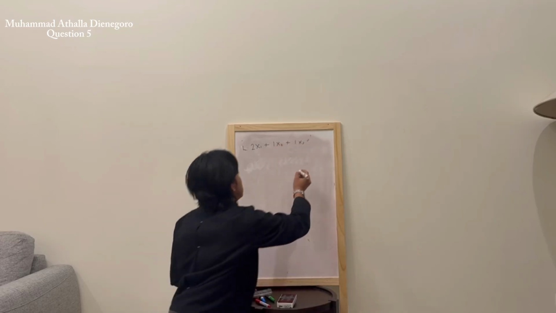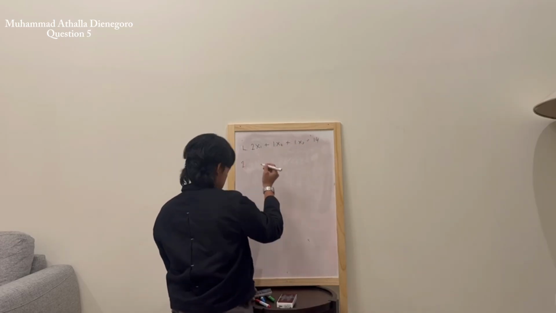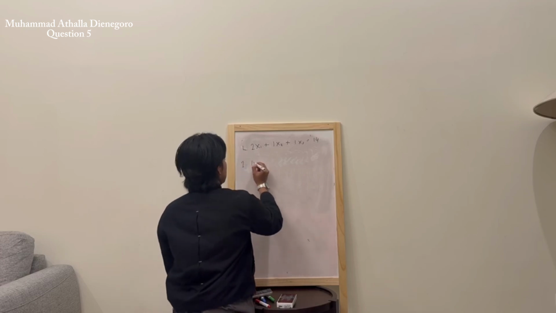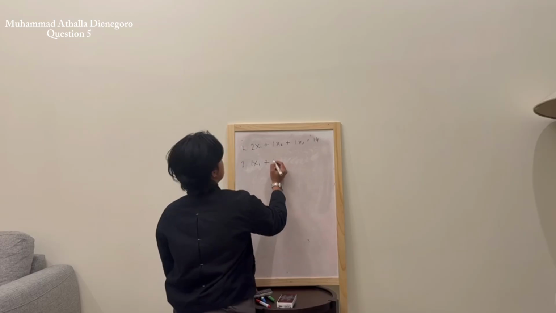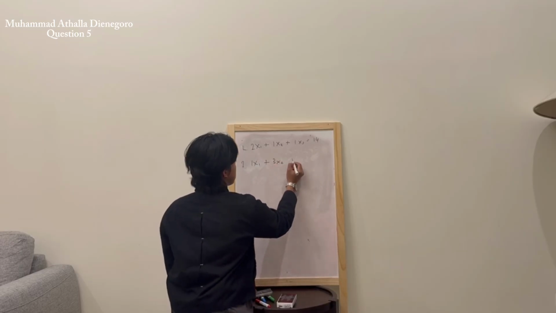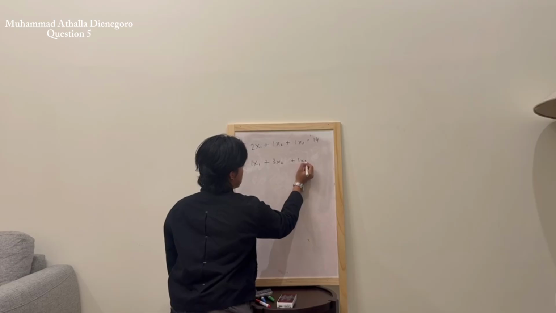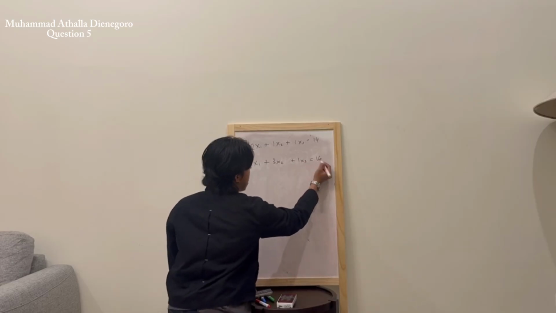Equals 40. Then second is 1x1 plus 3x2 plus 1x3, equals 16.